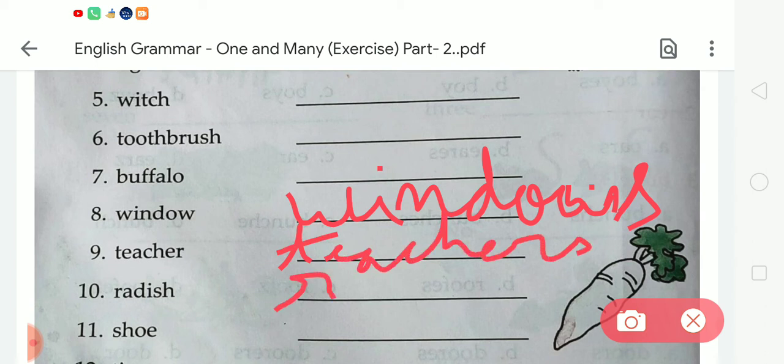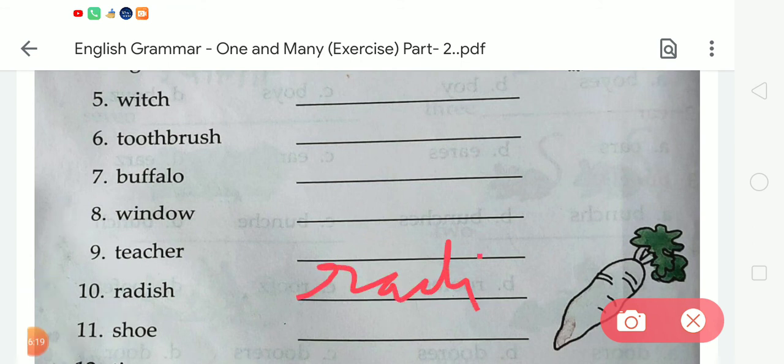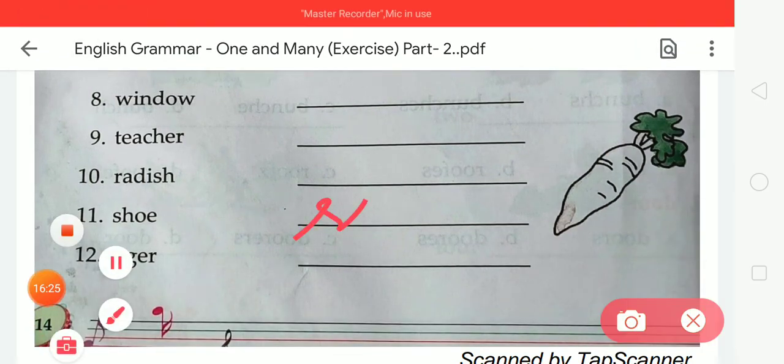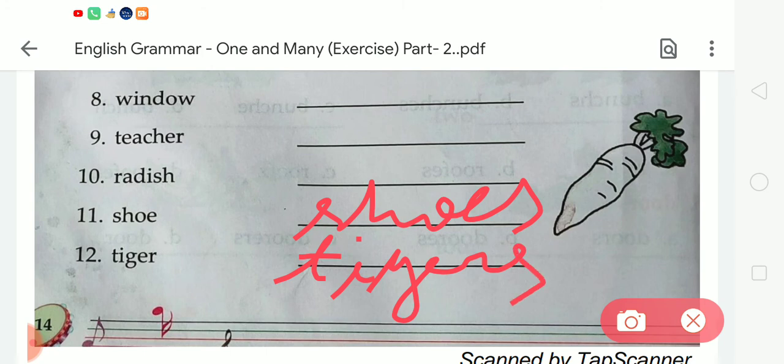In number 10 we have to add es. Now the next, in number 11 we have to add s. In number 12 we again add s, so it will be tigers.